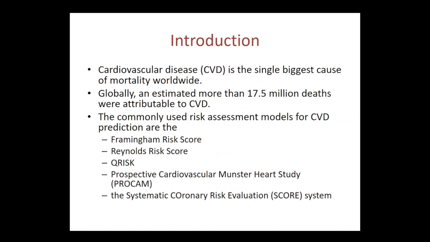We know that CVD is one of the single largest causes of mortality worldwide. We also know that it's a big cost to the health systems everywhere in the world.